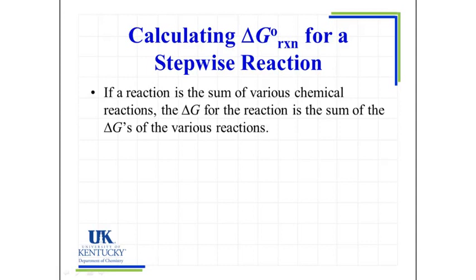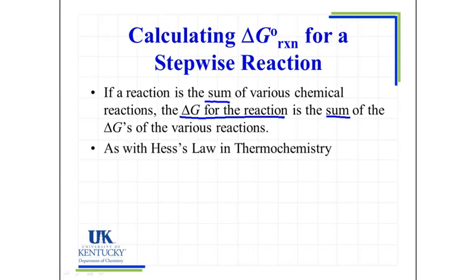So if a reaction is the sum of various chemical reactions, in other words, you can add up various reactions and come up with an overall reaction as the sum of those, then the delta G for the overall reaction is simply the sum of the delta G of those various reactions. Now, you did something very similar with delta H's in what was called Hess's law in thermochemistry. Very, very similar process, but we're going to see it played out here with delta G's.